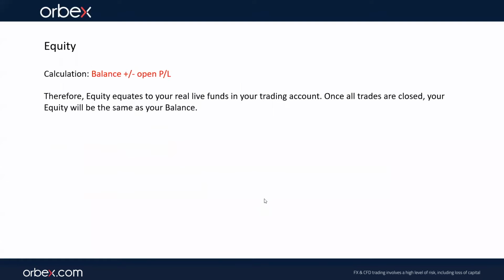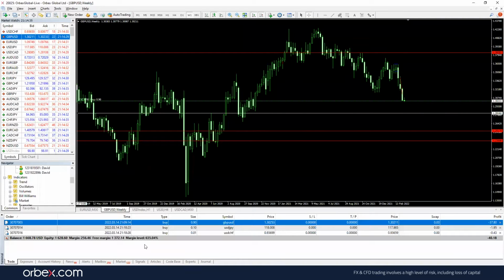Now we're going to look at equity. So what is equity? Equity equates to your real-life funds in your trading account. Basically it's your balance plus or minus your open profit and loss. It's very important because it acts as what you have left in your account after your trades have been opened. Currently I have a balance of 1,066.78.